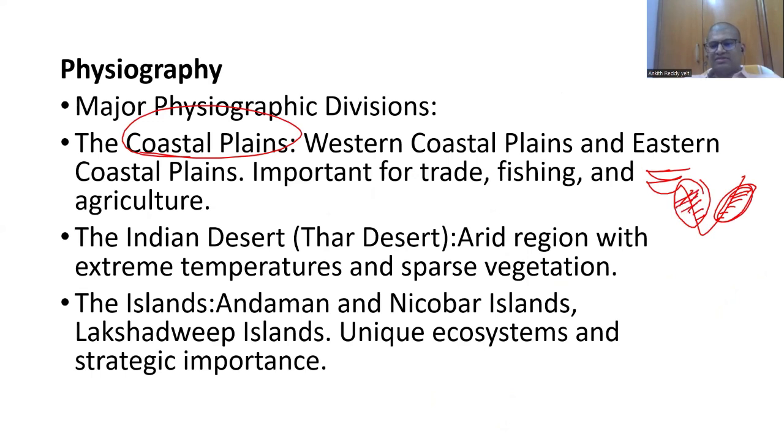Important trade activities are carried out in the coastal areas because you have major ports in India like Mumbai port, Marmagoa port, Wadhwa, the recent Wadhwa port, Kochi, Tuticorin, Vizag, and Kolkata port. So this is known for great trade activities, and of course these coastal regions are also known for fishing, and the coastal plains are known for agriculture, especially the delta regions of Krishna, Godavari, Mahanadi, and Kaveri.